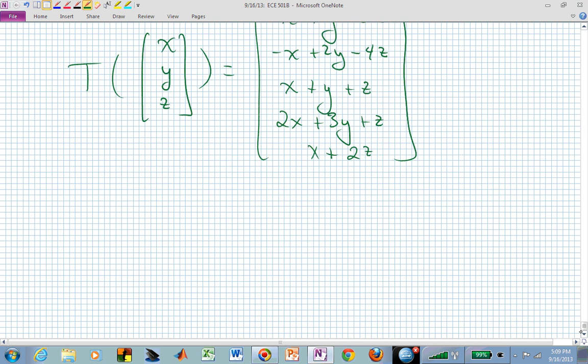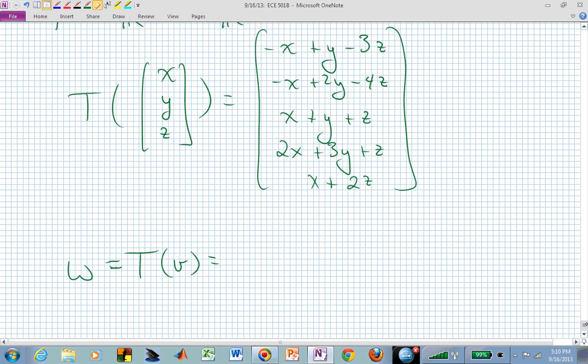If we now are looking at W, which is now T of V, where V is x, y, z, if we look at what that needs to be relative to this 5-dimensional space, then if you just pull out the columns that are associated with scaling by x, the columns that are scaled by y, and how the coordinates are scaled by z, we have these 3 basic directions that we can adjust within this 5-dimensional space.